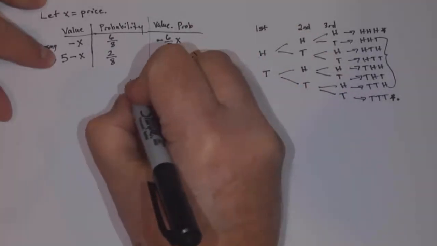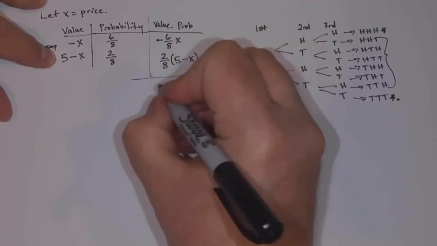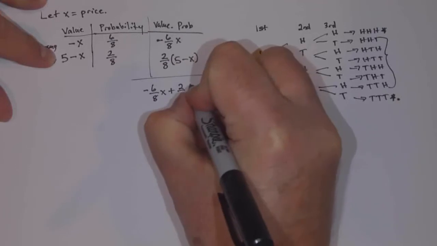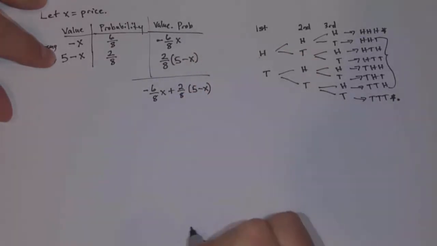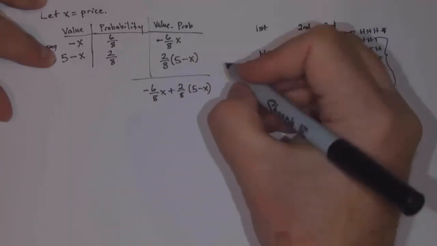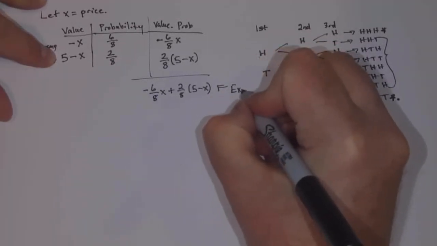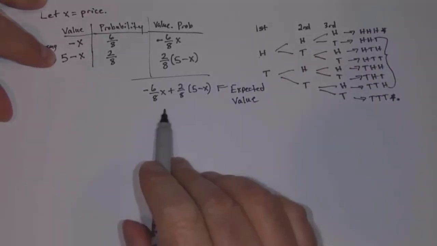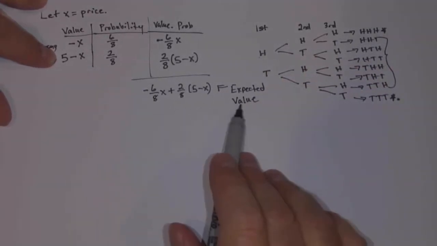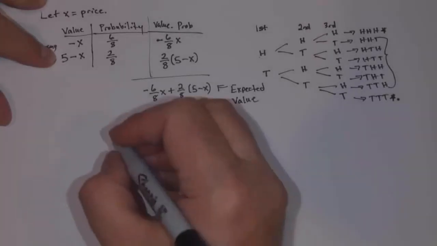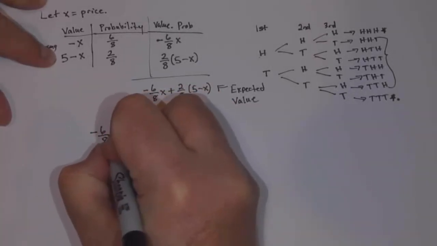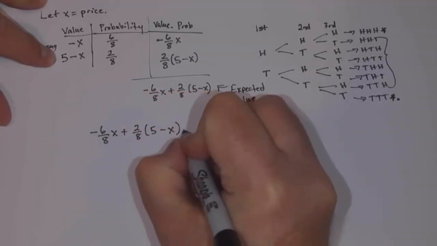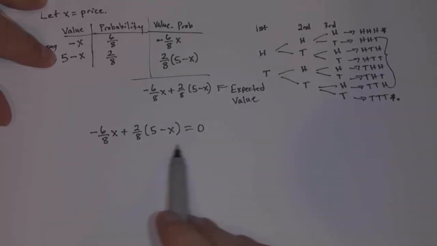So if I add that together, I'm going to have an expression, negative 6/8 x plus 2/8 times 5 minus x. And this would be our expected value. And for this game to be fair, that expected value would have to equal 0. So I'm going to take the negative 6/8 x plus the 2/8 times 5 minus x and set that equal to 0 and solve for x.